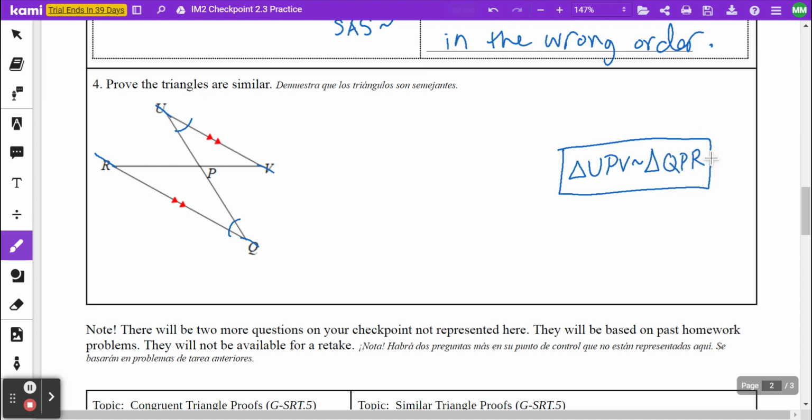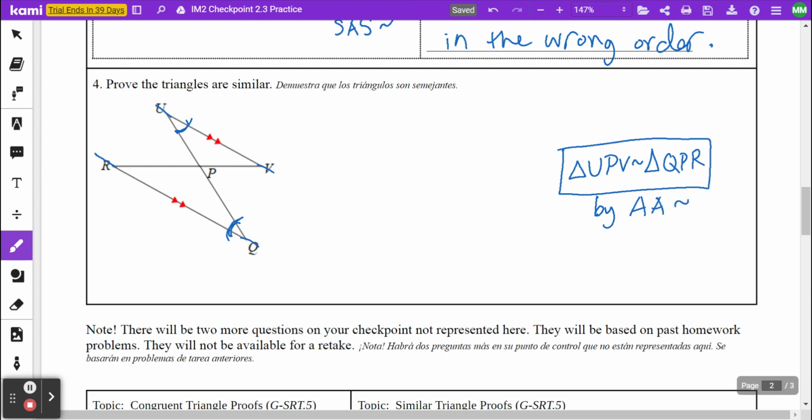Careful with your congruence. I put Q corresponding to U because I see that they are alternate interior and therefore congruent angles. Let's see. So triangle UPV is similar to triangle QPR, and I'm going to be using angle similarity as my theorem.